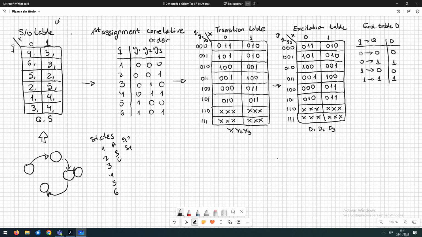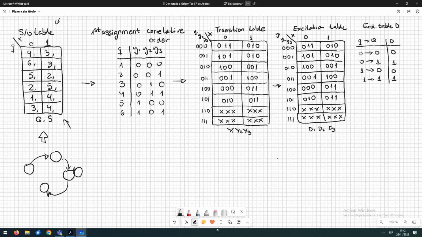In this example, I have used from 1 to 6. So once we have the state output table, we should reduce the number of states. In this example, I'm going to tell you that the state output table cannot be reduced any longer. So we are going to consider that this state output table is minimum.